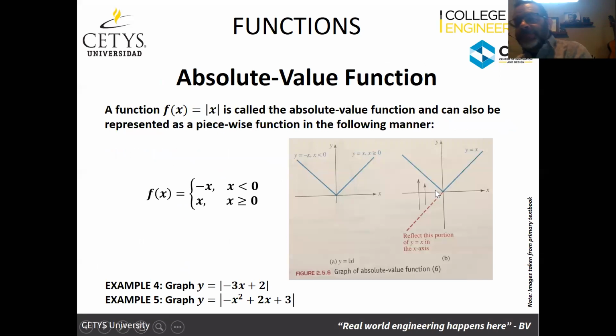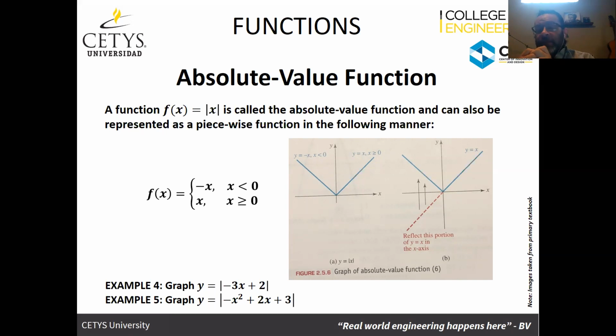Now, the absolute value of a function. We've already talked about the absolute value. The absolute value of a function, or of a magnitude, or of something, is basically that we're only interested in the magnitude. We're not interested in the sign.